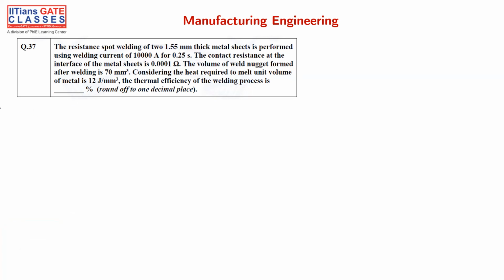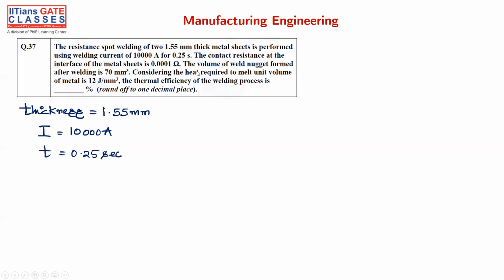The thickness of the two sheets, thickness t, is 1.5 mm, and it is performed using current I of 10,000 amperes, right? And what is the time? Time t is 0.25 seconds.